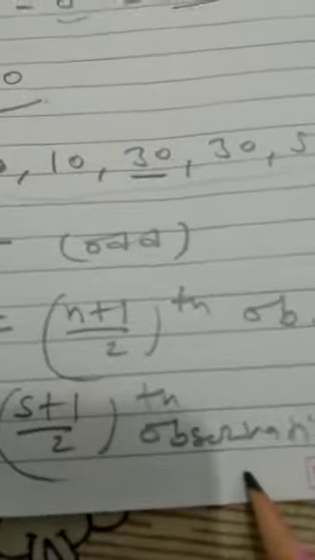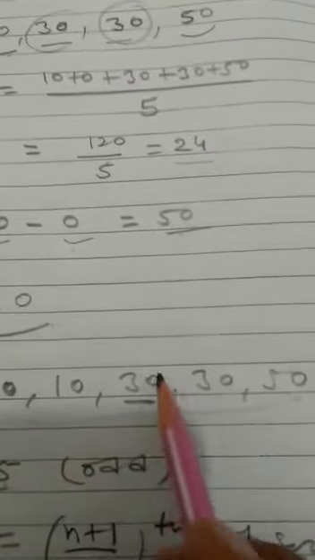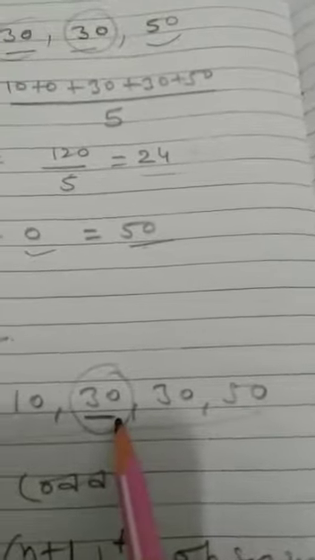So 5 plus 1 upon 2th observation means 6 upon 2, the third observation. See the third observation in the data in ascending order, 1, 2, 3. So this is the median, the central tendency of the given data.